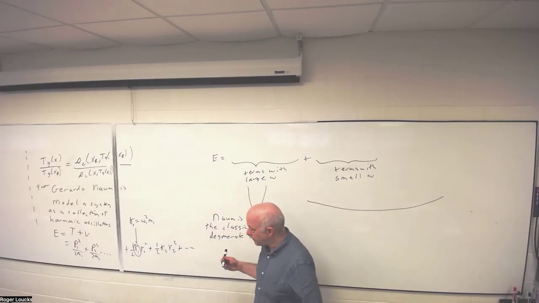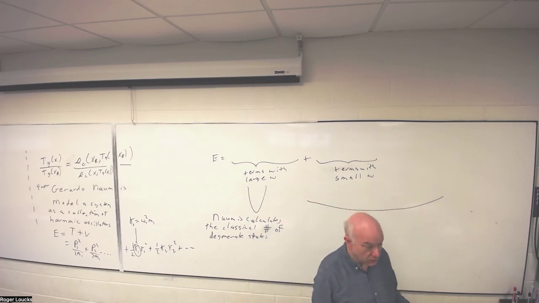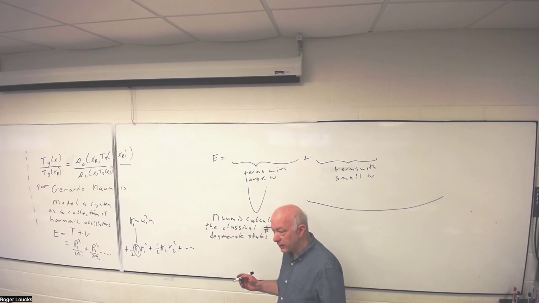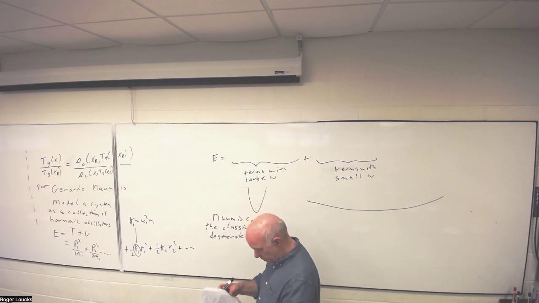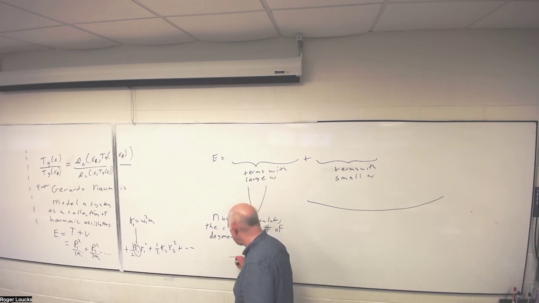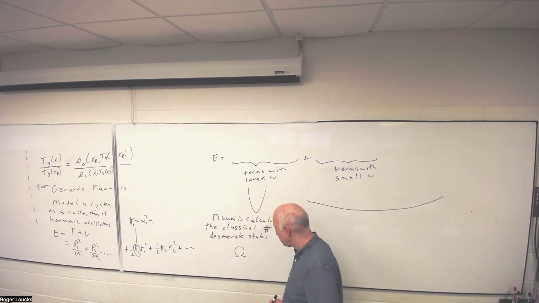And that makes sense because your energy is fixed. So how do you then calculate the number of states? Well, what does he call it? He calls it omega. So this is going to be omega. This is the number of states.